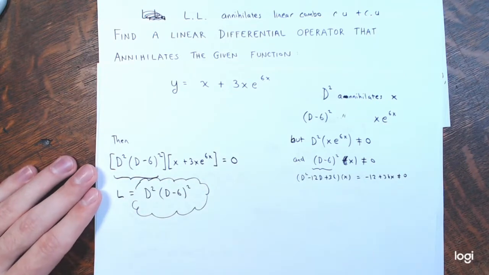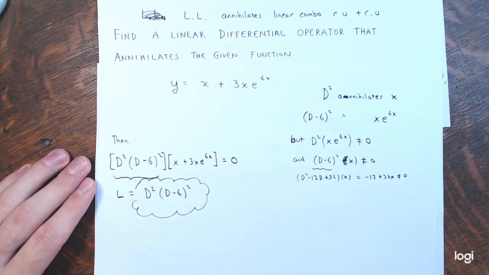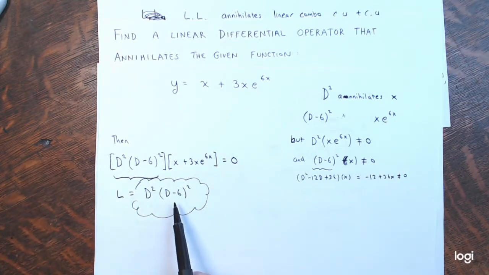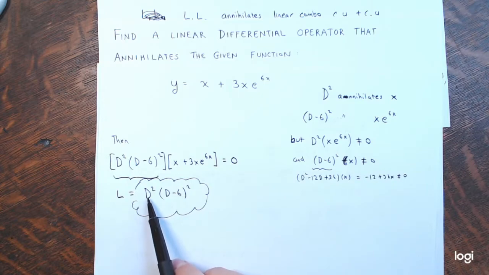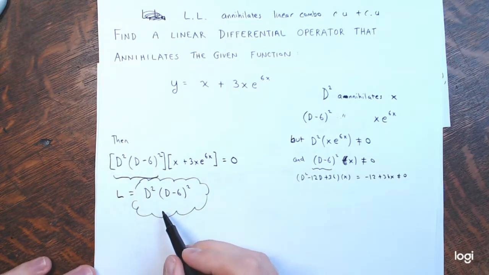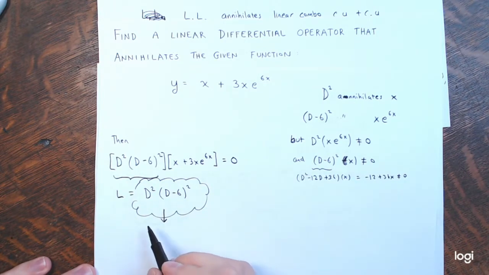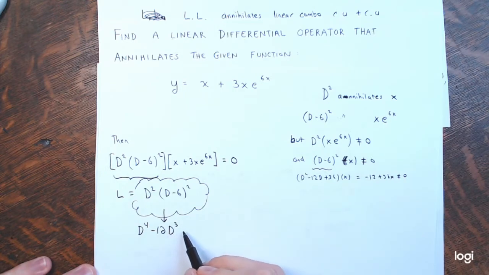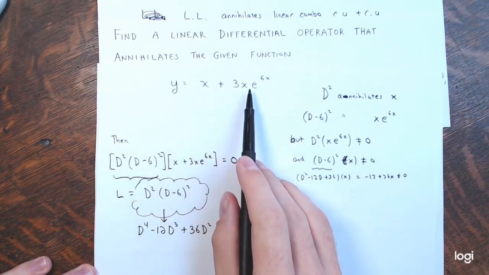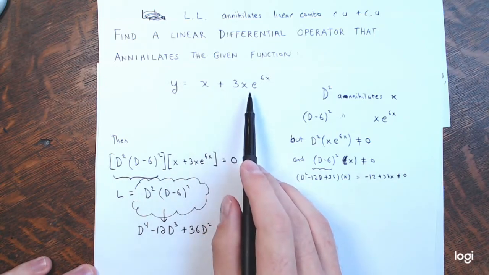I'll do it for the first several examples, the verification. Now you can apply d minus 6 and then d minus 6 again and then d again, right? Just do all these ones. Again, if you were to multiply this out, this would end up being d to the 4th minus 12d to the 3rd plus 36d squared. All right. So what I need to do is take the first derivative, second derivative, third derivative, fourth derivative.